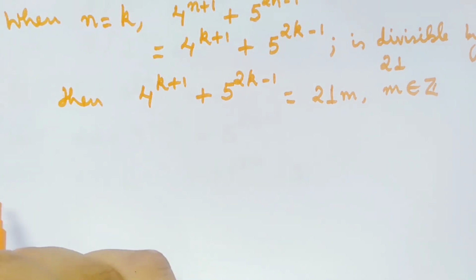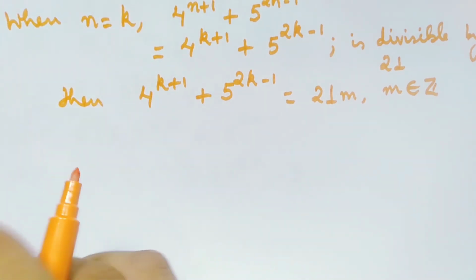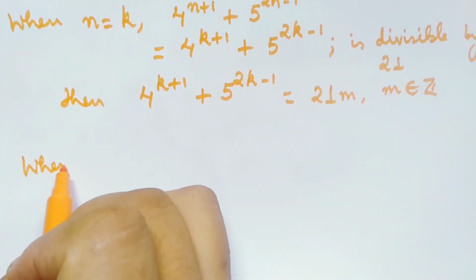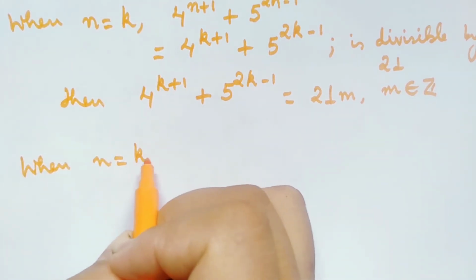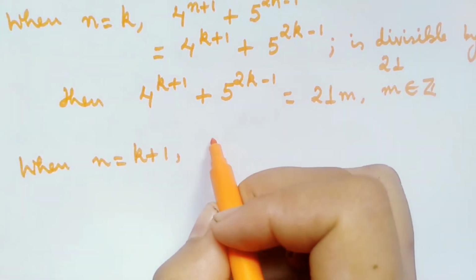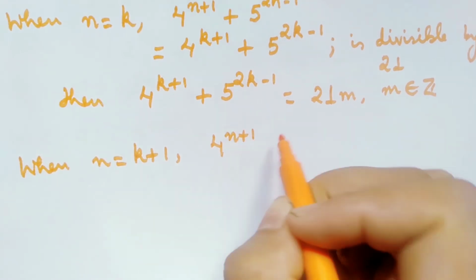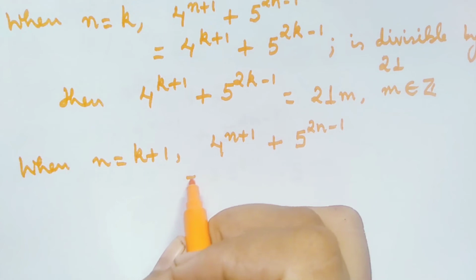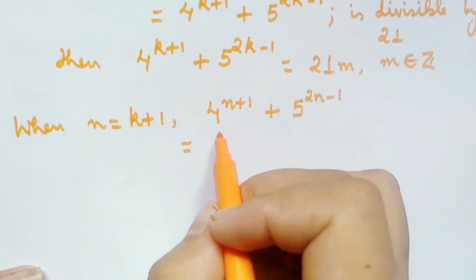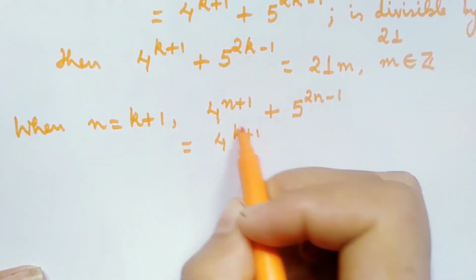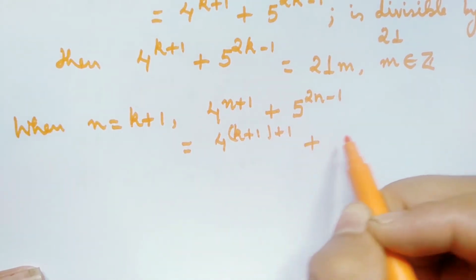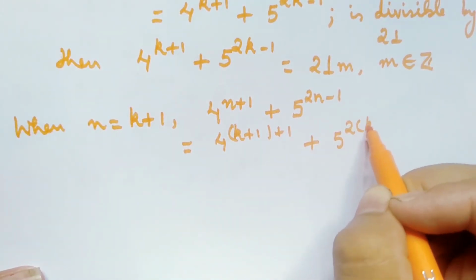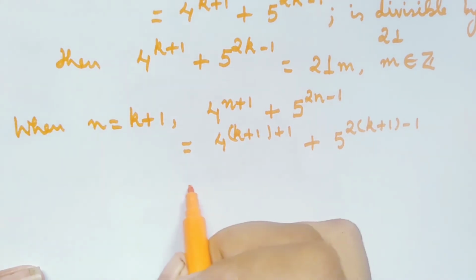So now we show that the result is also true when n is equal to k plus 1. When n is equal to k plus 1, what do we have? 4 to the power n plus 1 plus 5 to the power 2n minus 1 is equal to 4 to the power k plus 1 plus 1 plus 5 to the power 2(k plus 1) minus 1.